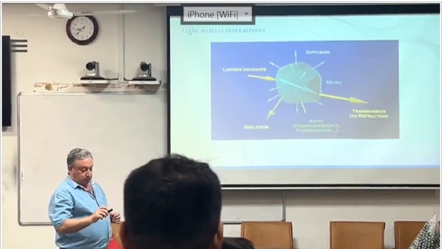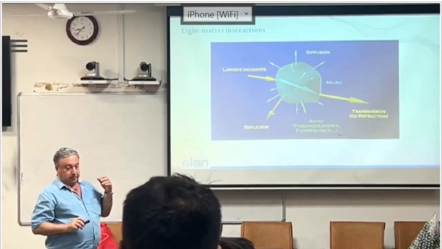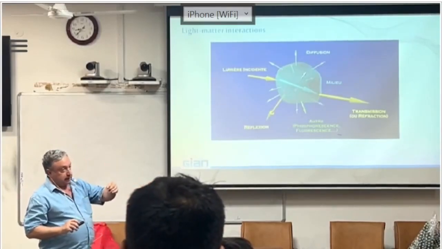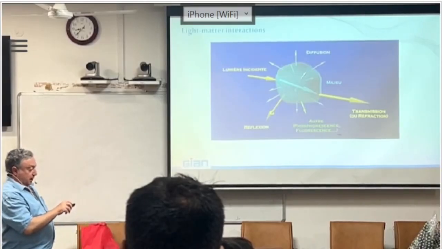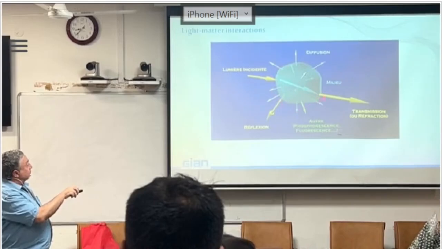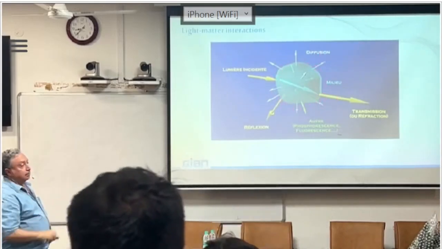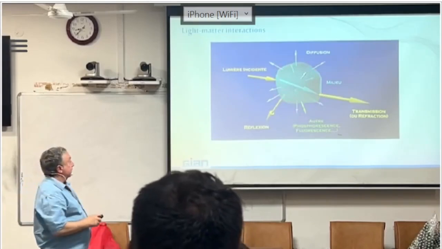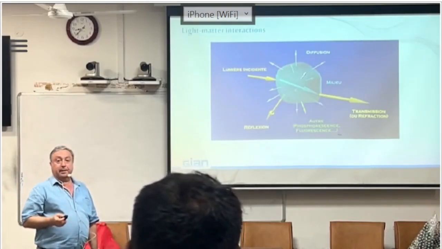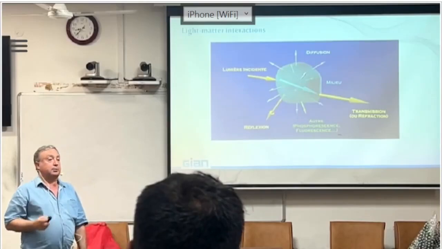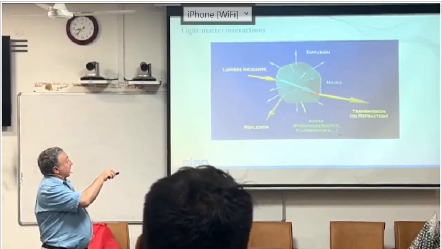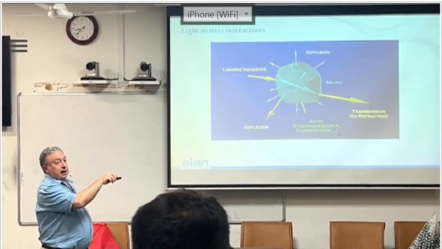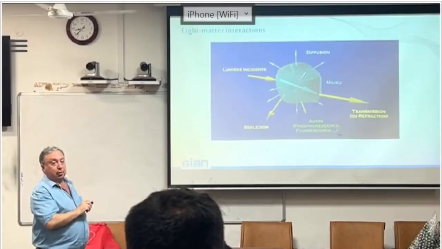What happens now when the radiation enters the matter? When radiation arrives at the surface of a material, many things may happen. If the material is transparent or translucent to the given wavelengths, you may have transmission, and then you can have the radiation coming out on the other side.